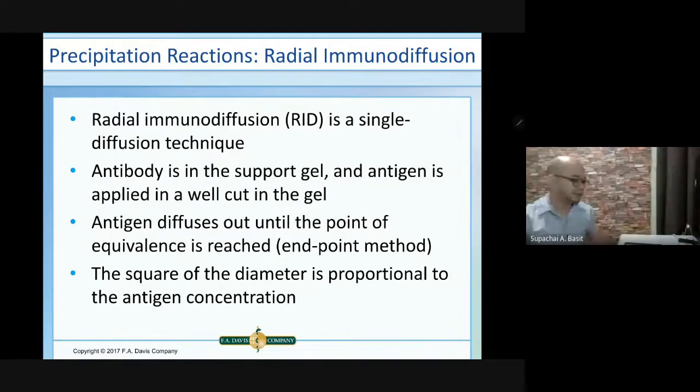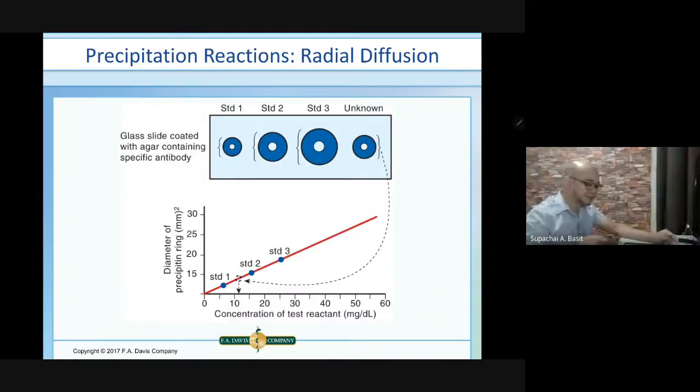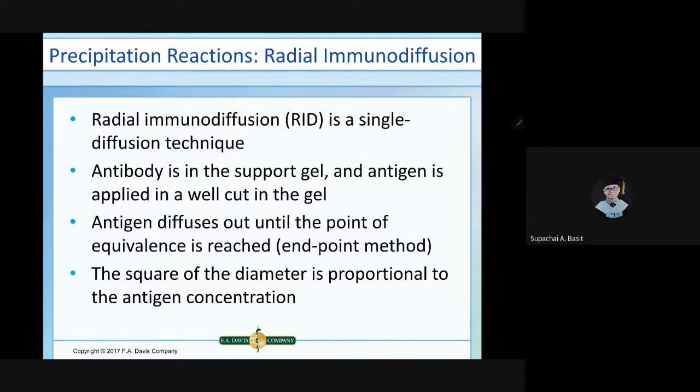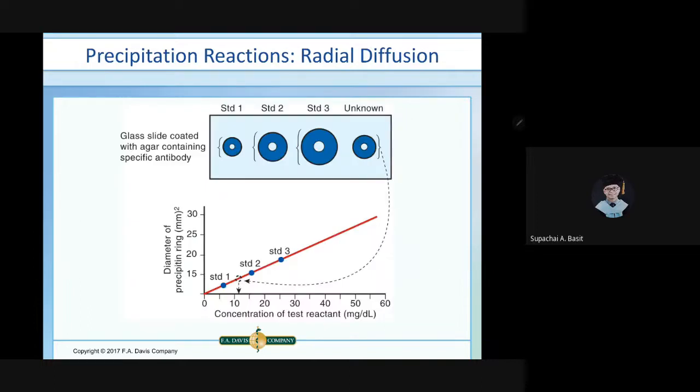So here's an example of radial immunodiffusion. Let me explain that to you in detail. Radial immunodiffusion is a single diffusion technique. Antibody is in the support gel and the antigen is applied in a well cut in the gel.